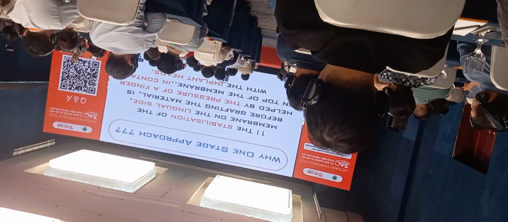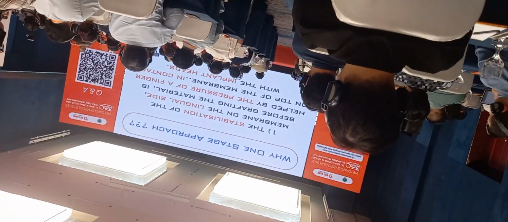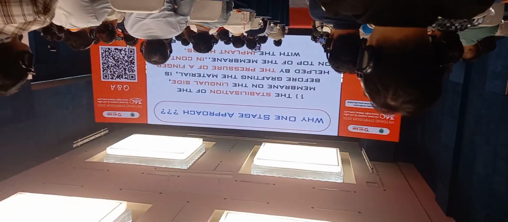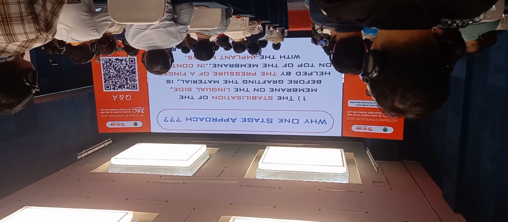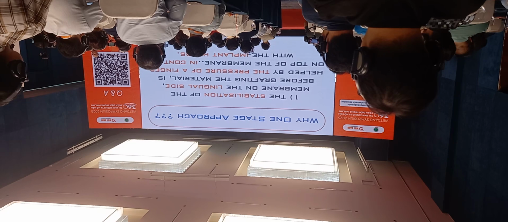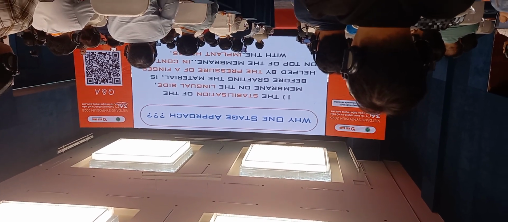I place the box over the top of the implants, and you can stabilize the membrane before screwing the screws on the lingual side with your finger. You place your finger on top of the membrane. Below the membrane there are the heads of the implants.